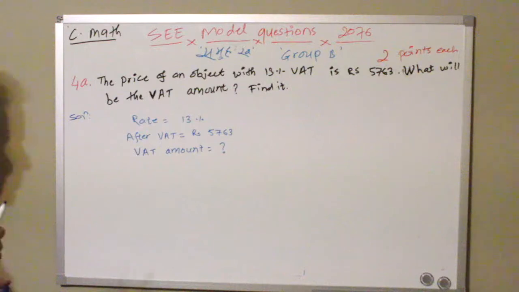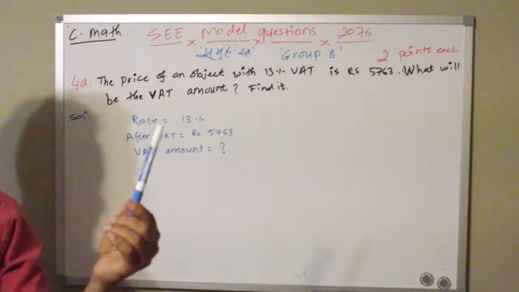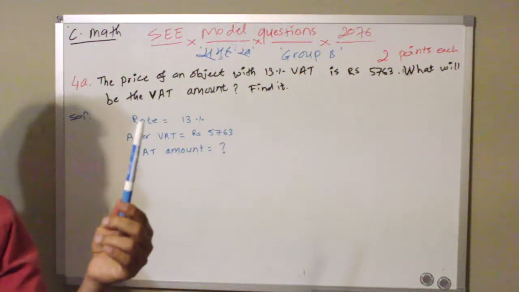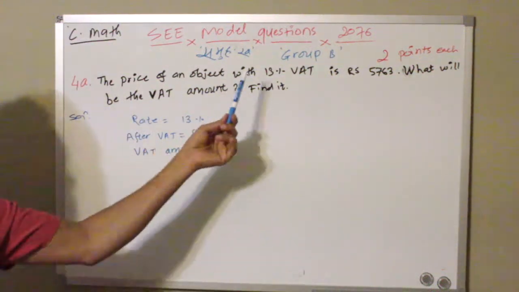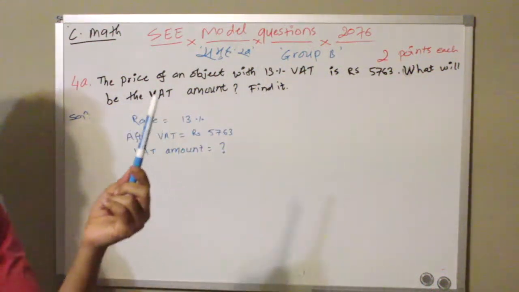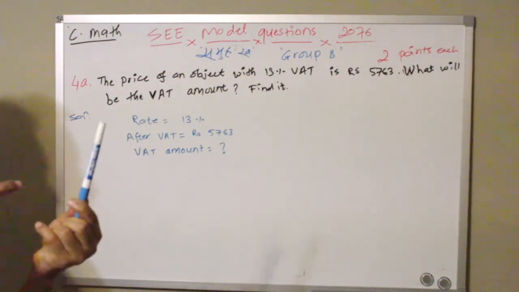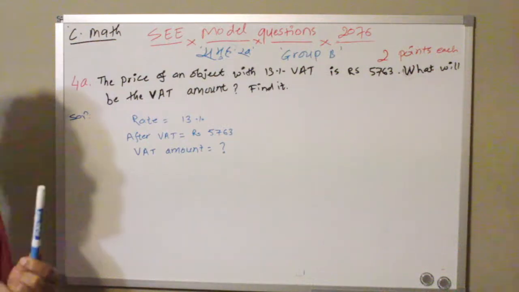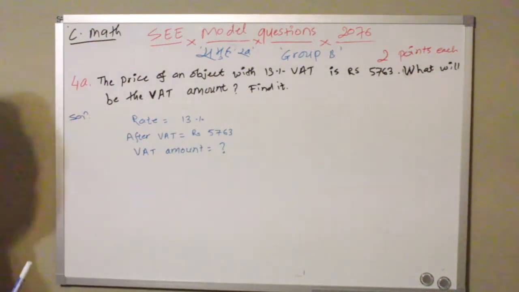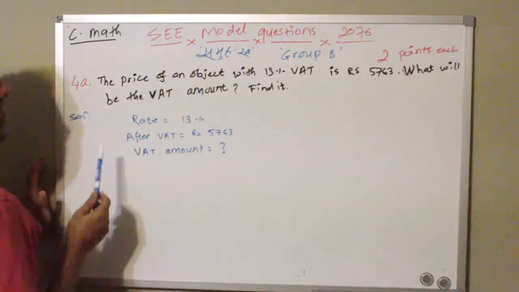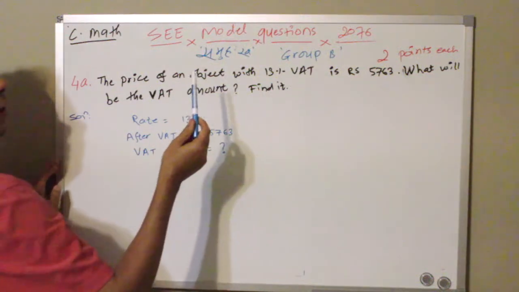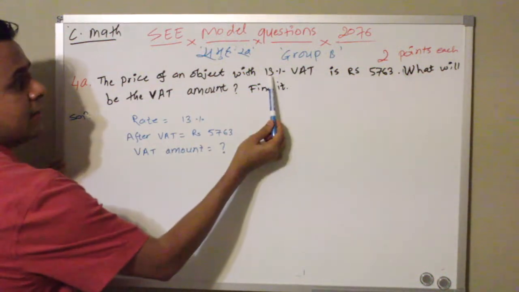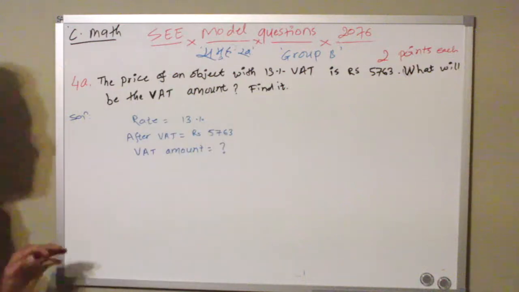For example, if I'm buying this pen for $5 and my VAT is 13%, then I can just calculate the VAT amount as 13% of that $5, correct? Same thing. If we have a price of an object, then we can directly calculate 13% of that price.